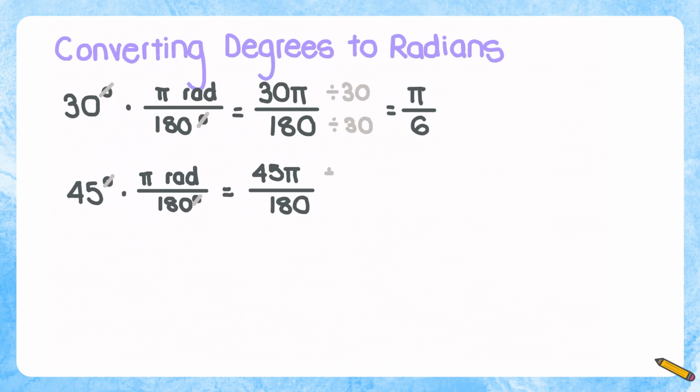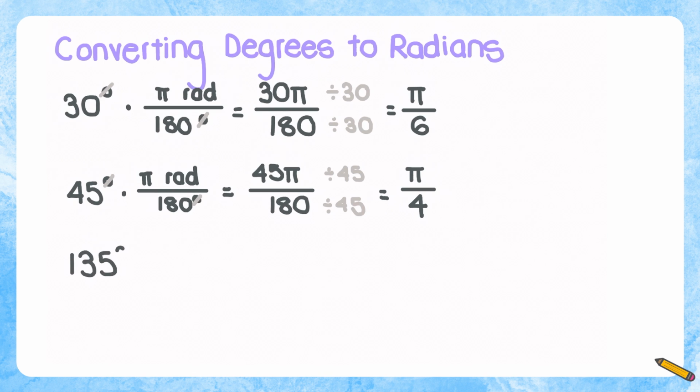And I just happen to know that the greatest common factor here is 45. So I'm going to divide both the numerator and denominator by 45. I find that this simplifies to pi over 4. So 45 degrees converts to pi over 4 radians. But it's okay if you don't know the greatest common factor off the top of your head. You can always break it down step by step, which we'll be doing in these following few examples.